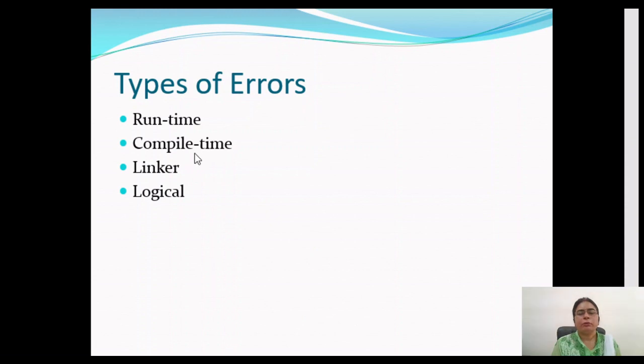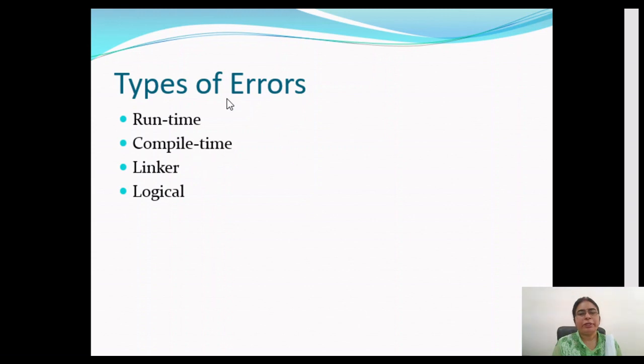Now, after compiling, all the object files are linked with the help of the linker, and if the linker is not able to identify or locate some of the object files that are required, then in that case we get a linker error.